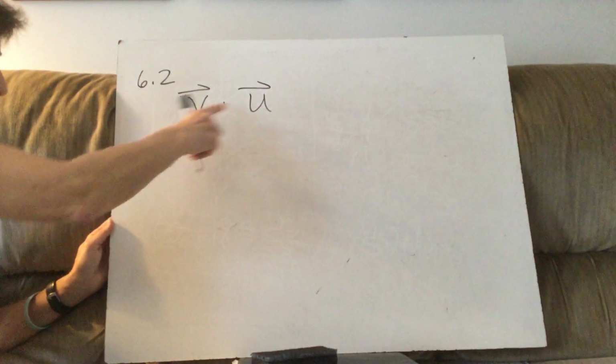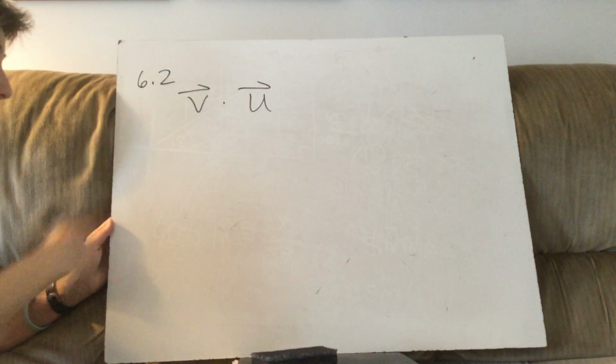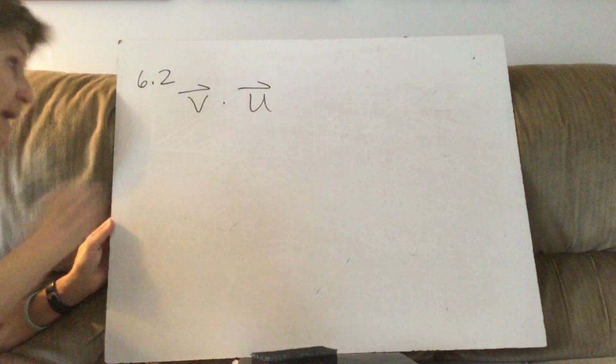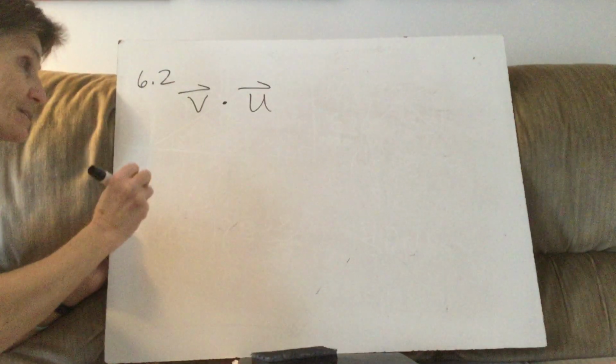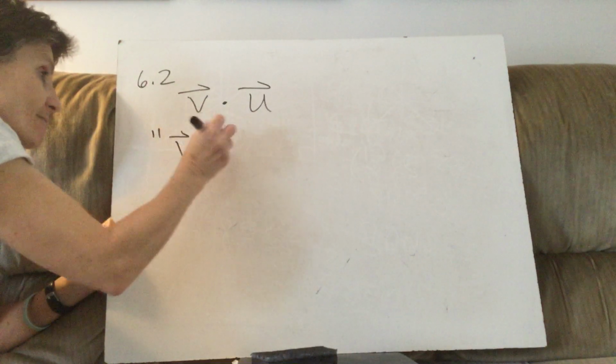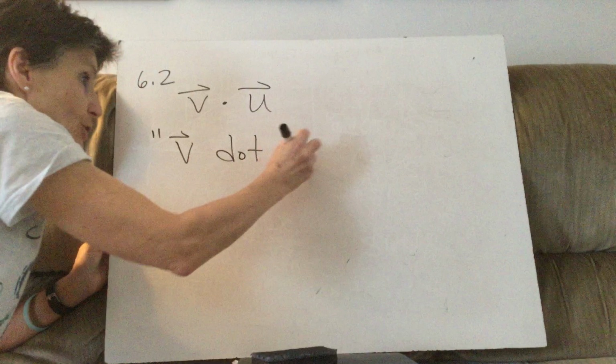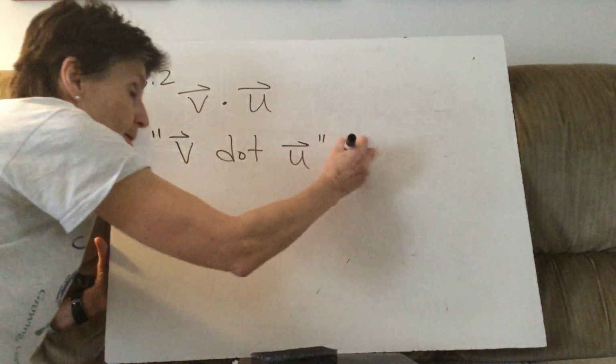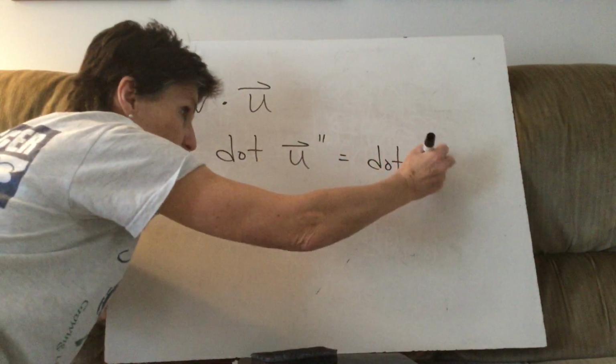Now, these are two vectors. See the little vector symbol above them. And this is called the dot product. So when I say this out loud, I say v dot u. That's the dot product.